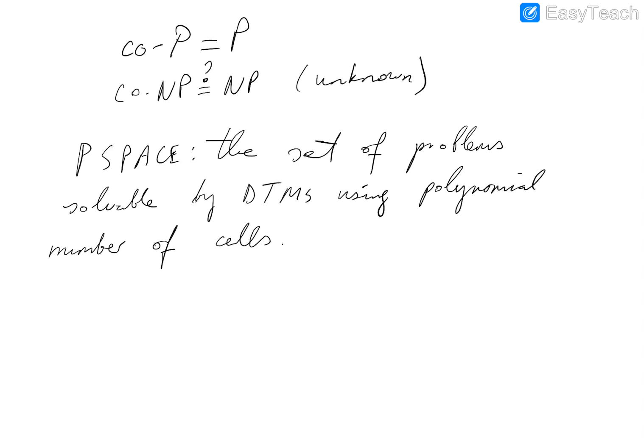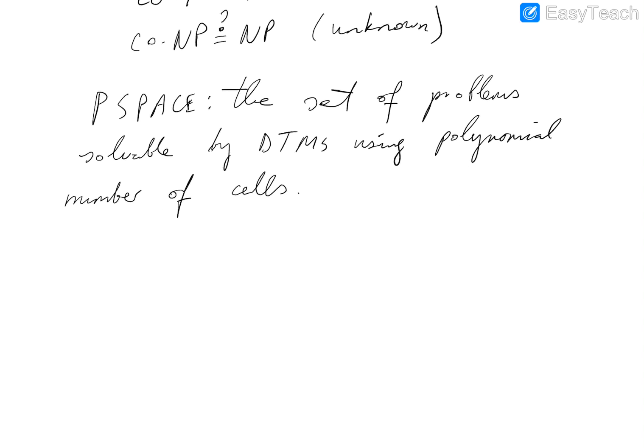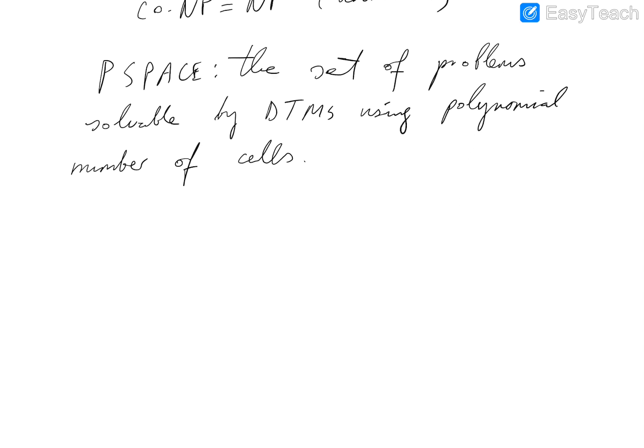Okay, so since a Turing machine can only change one cell per time step, machines that use polynomial time to solve a problem cannot use more than polynomial space.